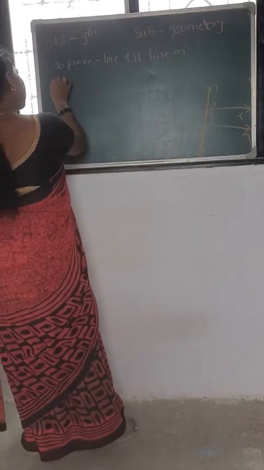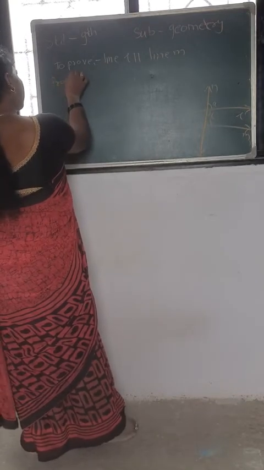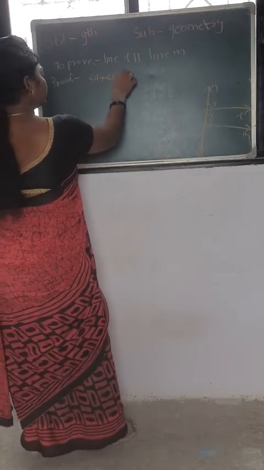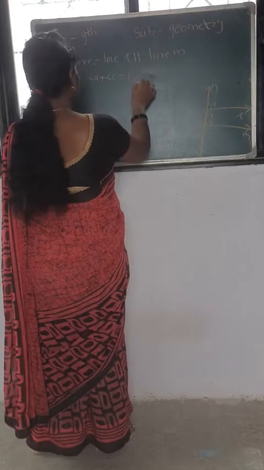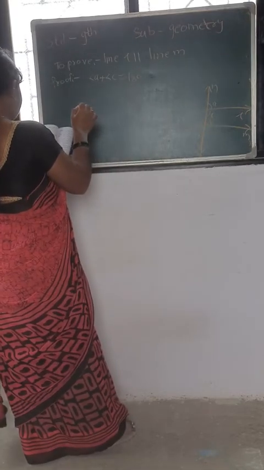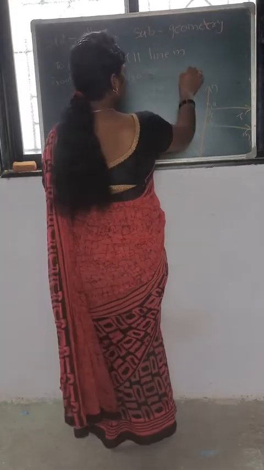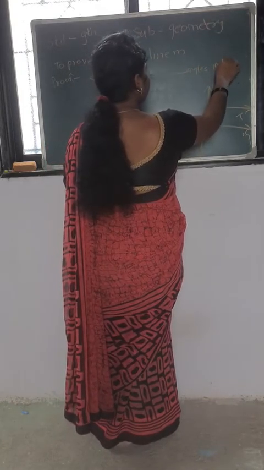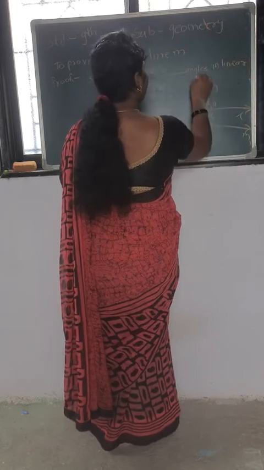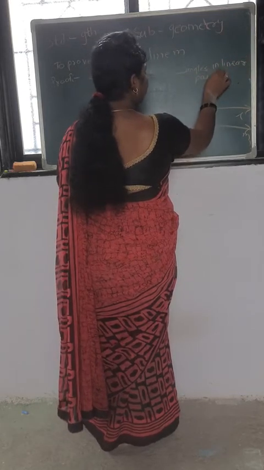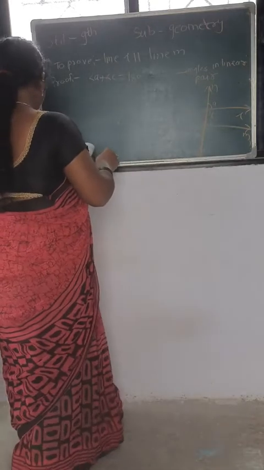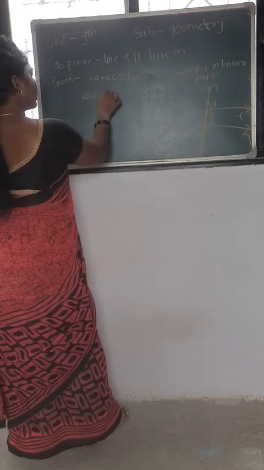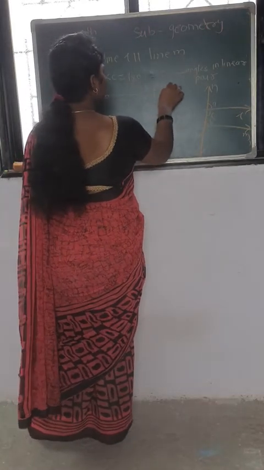The proof is: angle A plus angle C is 180 degrees, the reason being angles in a linear pair. Next, angle A is equal to angle B, given in the statement.